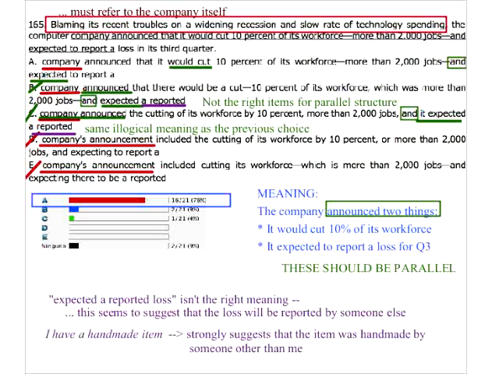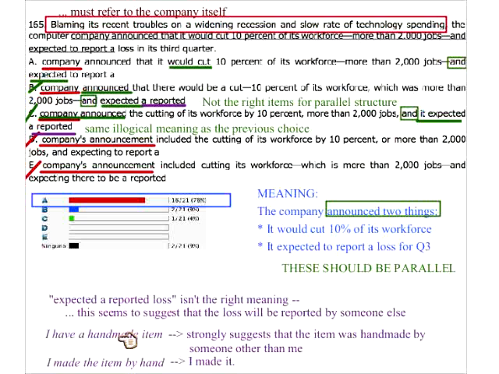So if I handmade the item myself, I would want to say something like "I made the item by hand." So I have to use a verb that really suggests that I did this. So same sort of thing. A does this correctly. The company announced this, and the company also expected to report a loss itself. It expected to do that. Whereas in choices B and C, it expected a loss magically reported by somebody else. Kind of like a handmade item.